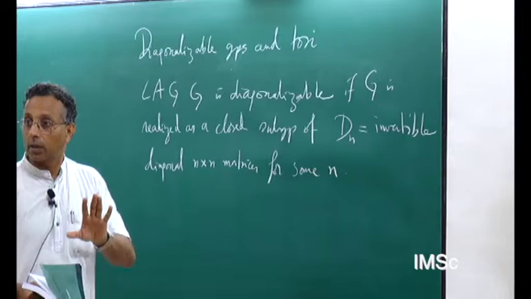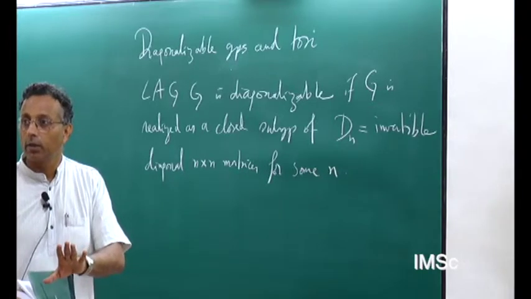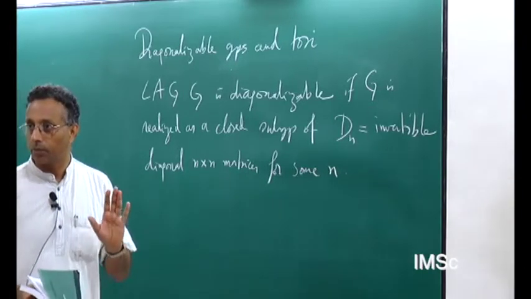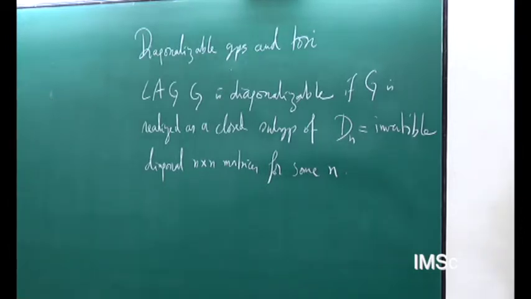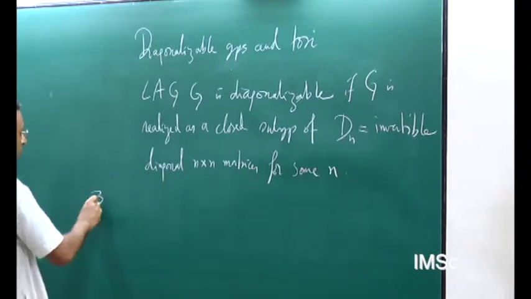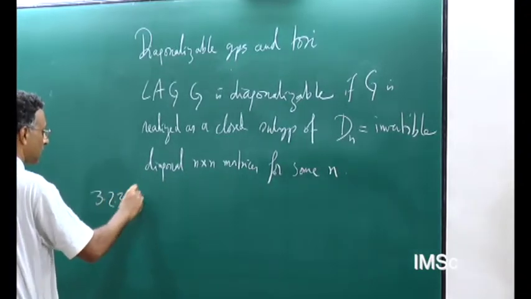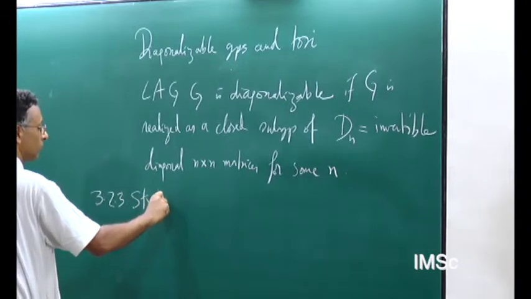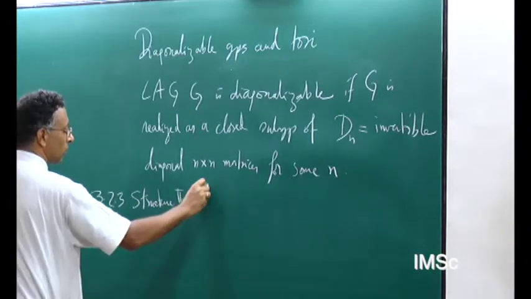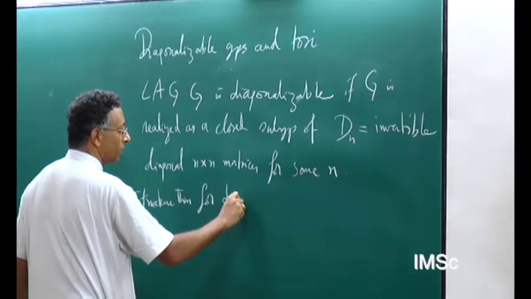Now we give the structure theorem for diagonalizable groups. So here is the structure theorem for diagonalizable groups, 3.2.3.